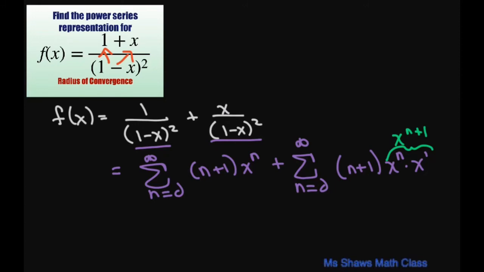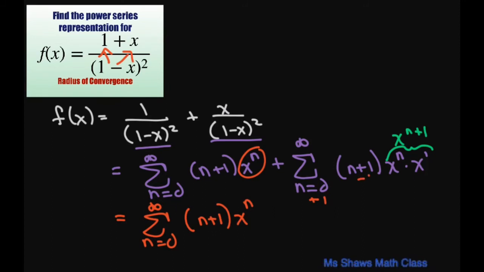Now, to make these both x to the power of n, what I'm going to do is write this as the sum n equals 0 to infinity of n plus 1 times x to the power of n, and I'm going to add 1 here, so I'm going to subtract 1 here.